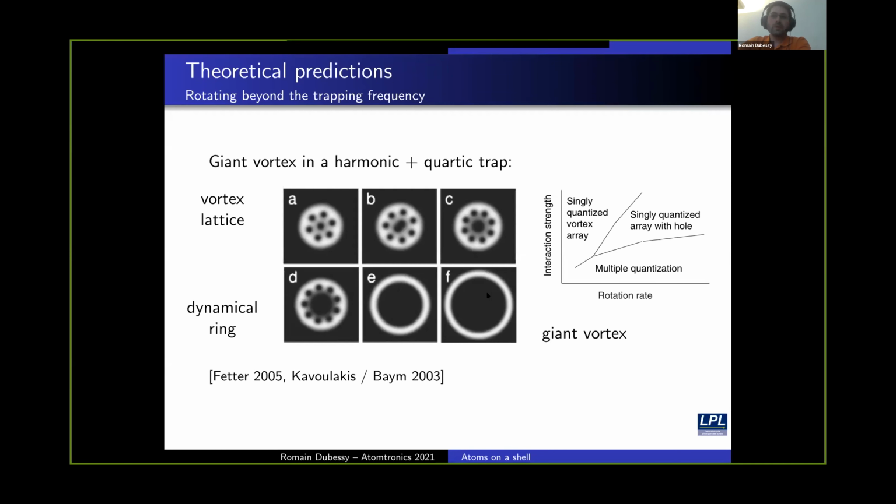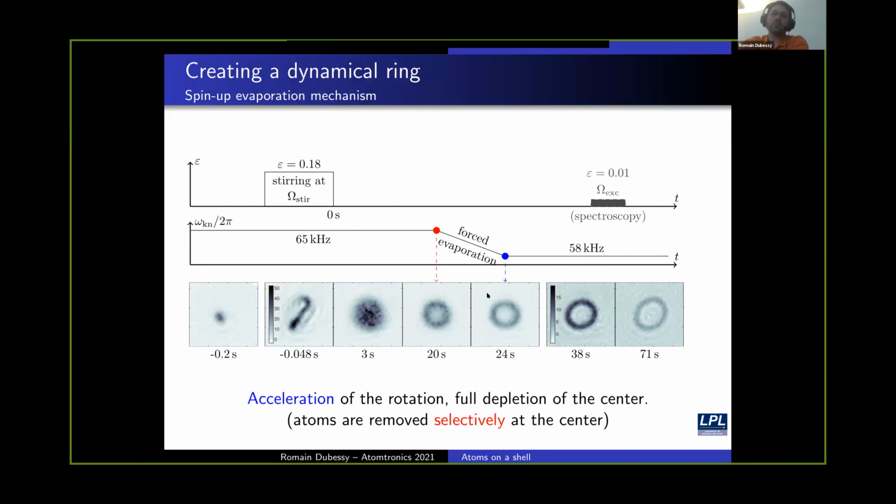So what happens in our experiment? In our experiment, if we rotate fast enough and we let the system evolve and thermalize, we observe that after some time, so these are quite long time scales for atom physics BEC experiments, it's a thermalization process, we observe that at the center, so in situ inside the trap, there is a hole that appears in the density distribution.